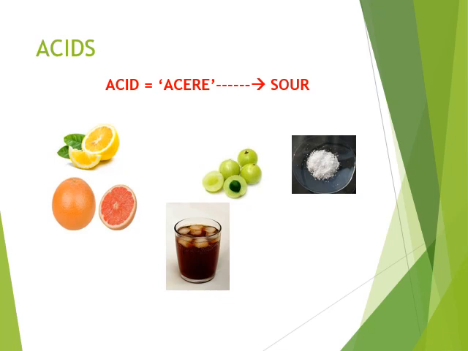Now, the sour taste of most of the fruits and vegetables is due to the presence of a substance called acid. The word acid comes from the Latin word acere, which means sour. So we can say that the sour taste of some substances is due to the presence of acid.